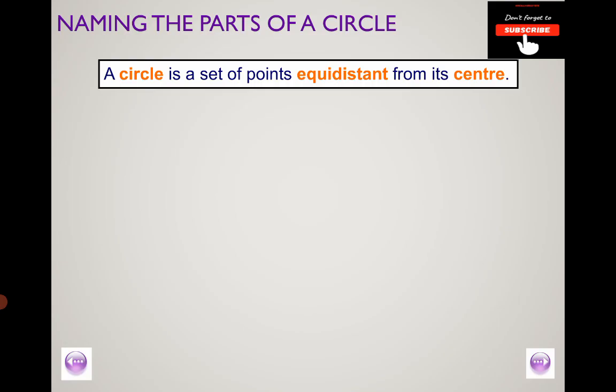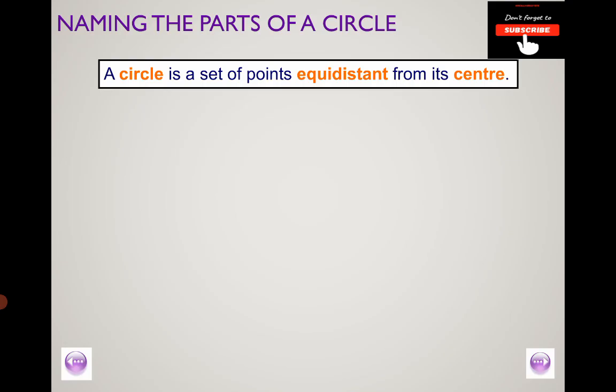In Form 2, you learned about different shapes in geometry, such as the rectangle, parallelogram, rhombus, kite, square, and others. One of the shapes that you also looked at, but not in deeper detail, is the circle. So we're going to focus on the properties of angles inside a circle.